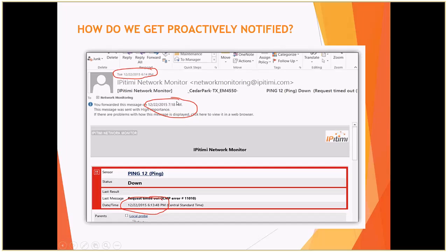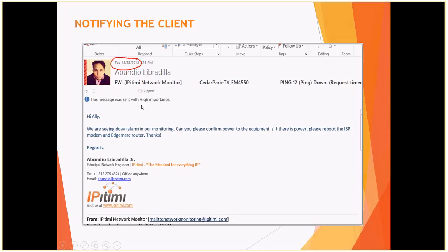So we received the notification email that the network was down, and of course we notified the client immediately. We sent an email to the contact list, or the point of contact for this customer, and had them verify power and reboot the equipment, along with some suggestions. That's how we notify the customers.